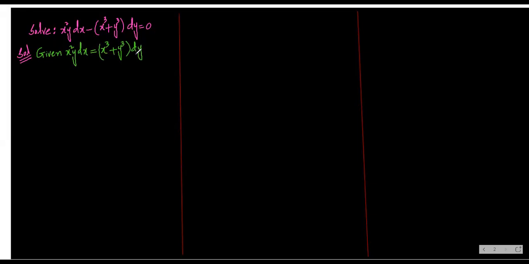You bring that side, and you should get the dy by dx form. Basically what we have to do here is divide by dx on both sides. The dx cancels. x square y dy by dx is equal to x cube plus y cube.